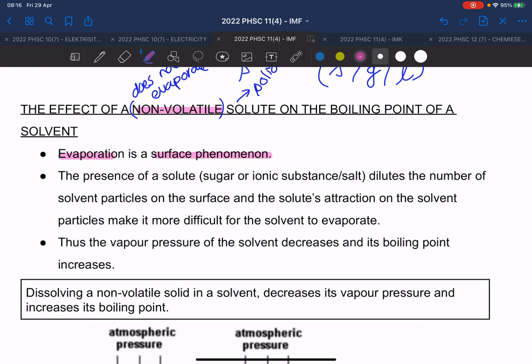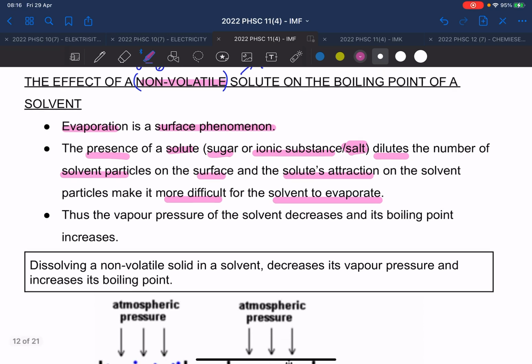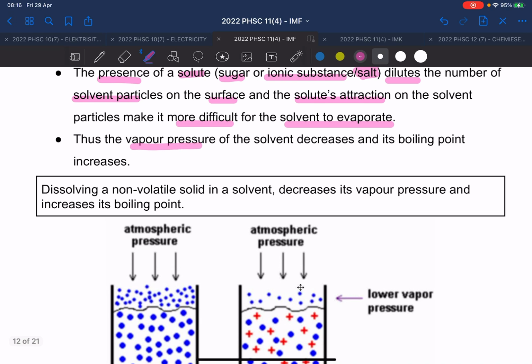The presence of a solute, something that you dissolve like sugar or an ionic substance like salt, dilutes the number of solvent particles on the surface, and the solute's attraction on the solvent makes it more difficult for the solvent to evaporate. I'm going to explain that with a picture because I don't think you understood anything I just said. Thus the vapor pressure of a solvent decreases, and the boiling point increases.